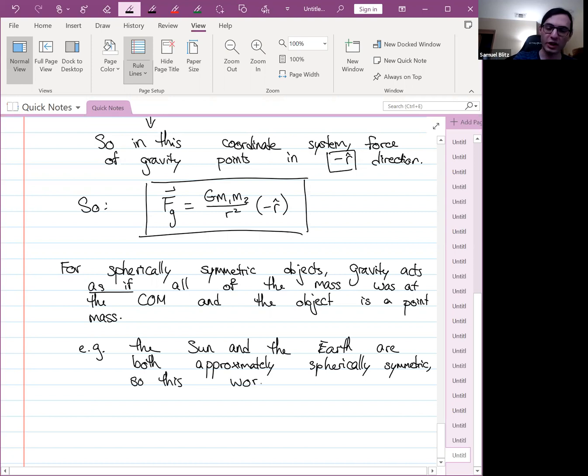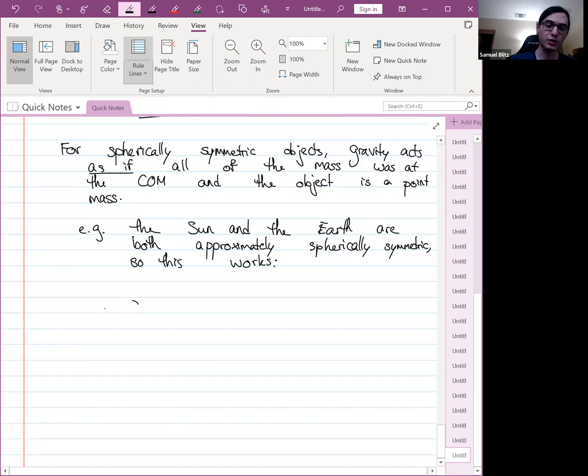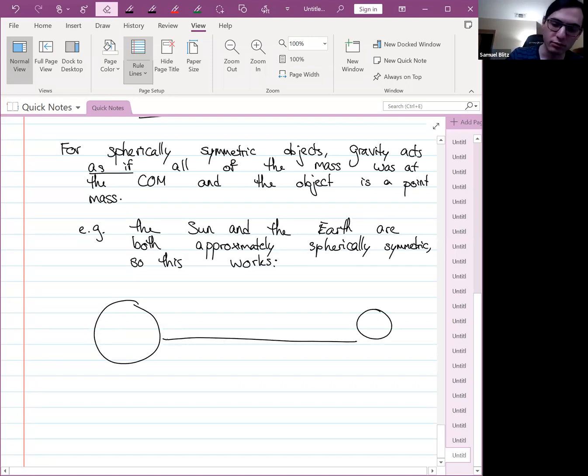If we wanted to find the force of gravity between the sun and the Earth, we would draw our sun, we would draw our Earth, but we wouldn't use this distance. That's not the distance that we would use. Certainly not to scale. Here's the sun, here's the Earth. We would use the distance between their centers of mass. That distance would be the distance r that we would have to use.